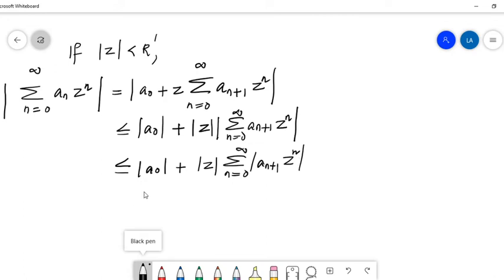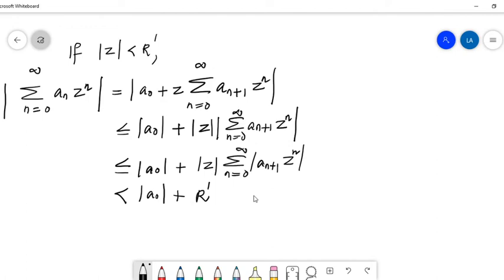Now, we assumed this a naught is simply a complex number. And this modulus of z we had assumed is strictly less than r dash, right? So here I can have a strict inequality, and I am writing modulus of a naught here plus here we have r dash.